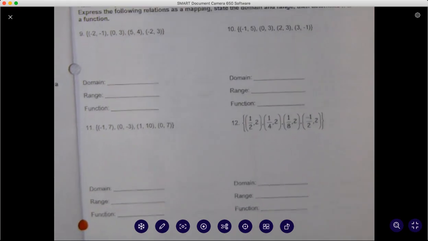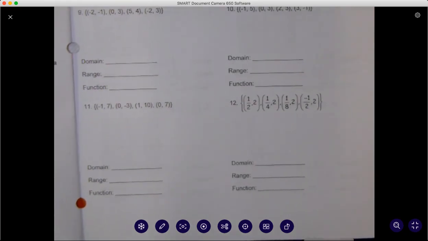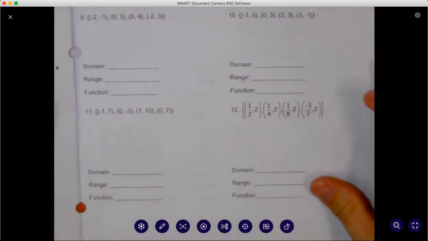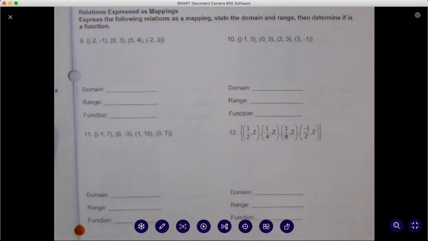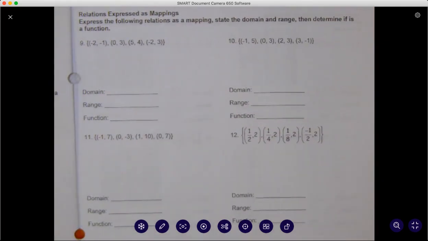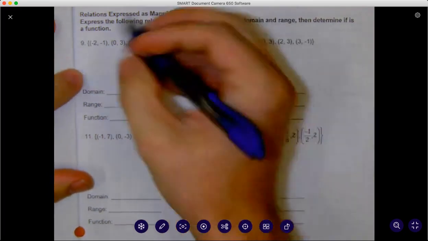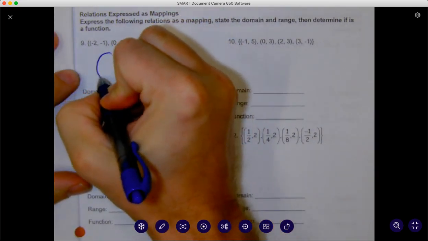All right, for this bottom set, 9 through 12, we're going to express the following relation as a mapping diagram, state the domain and range, and determine if it's a function. So we need to draw a mapping diagram. A mapping diagram is the 2 circles.